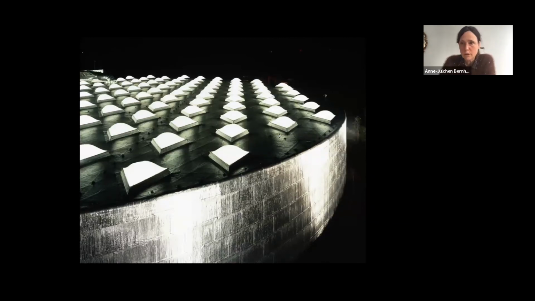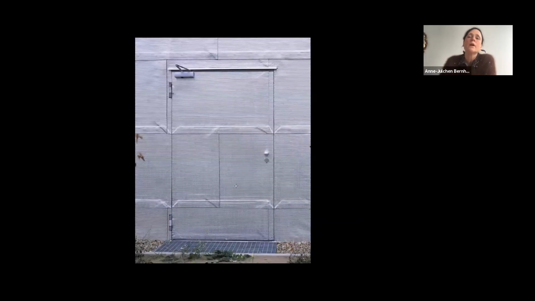The skylights are made to measure in a triangle form, and then the Polish workers really did a beautiful construction for the cladding of the facade. So yeah, it's quite beautiful.